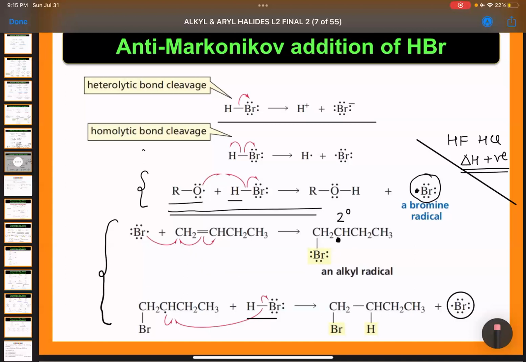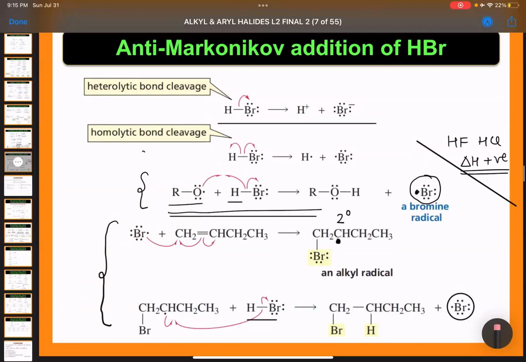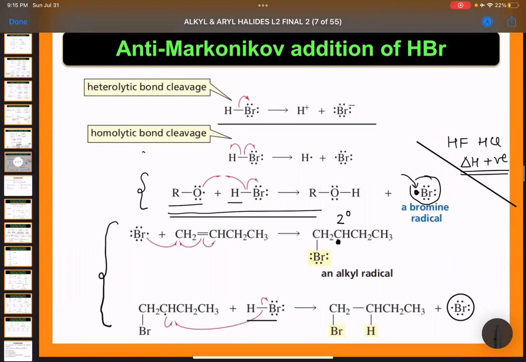But my dear students, you know that I belongs to the fifth period, right? Being in the fifth period, the unpaired electron, which we are calling a radical, will be present in the 5p orbital of iodine, which is very large, very dispersed over a large area. So I radical breaks away from H very easily by peroxide, but I radical is very stable.